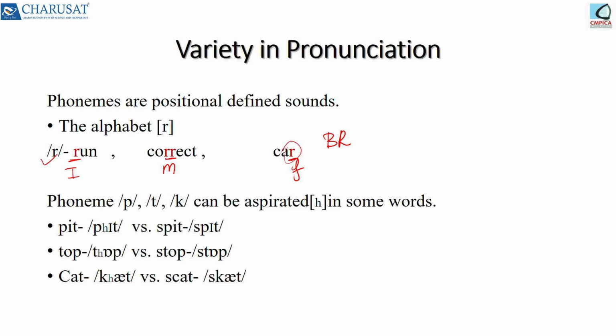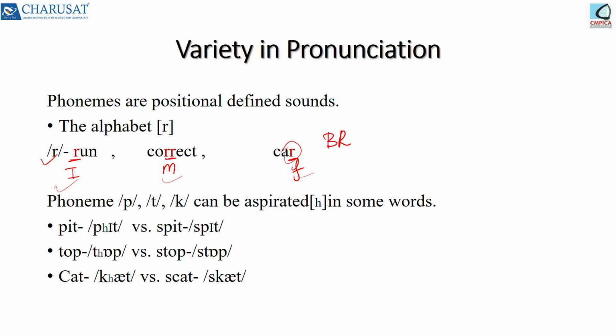So therefore, you might have seen native speakers saying it as "ka." Run, correct, and it's a "ka." When we say "ka," they are not pronouncing R at the end of it, right? That's the rule. So based on their position, initial, middle or final, their pronunciations might vary.